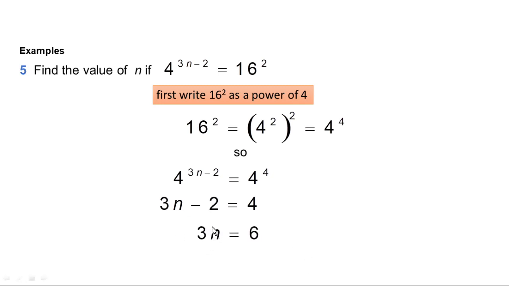But I have not yet eliminated that 3 to isolate n, so I need to divide both sides by 3. So n is equal to 2. So our answer here is the value of n is equal to 2.